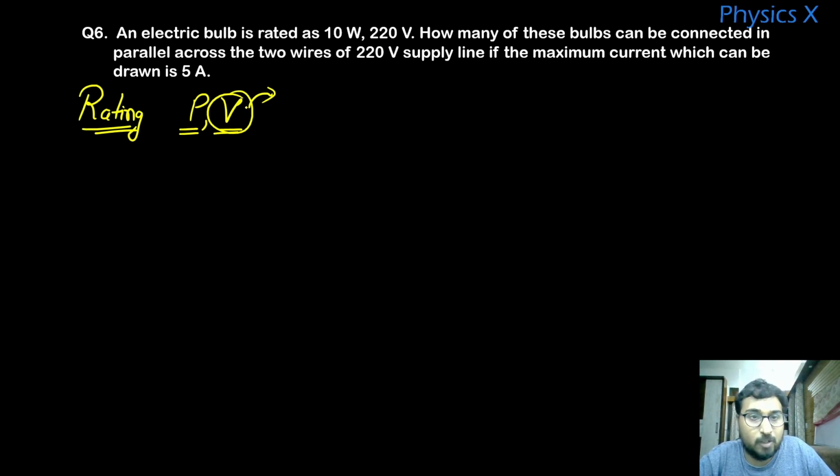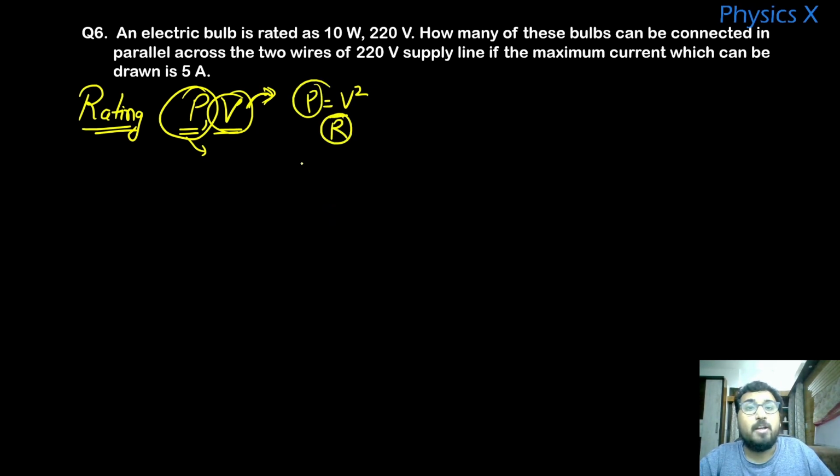So that is why once the potential difference or the voltage rating is specified and the power rating is also specified, as I told you, P is equal to V square by R, right? According to this R, this power is controlled. So he is giving the power rating as 10 watt at 220 volts. So how many of these bulbs can be connected in parallel?